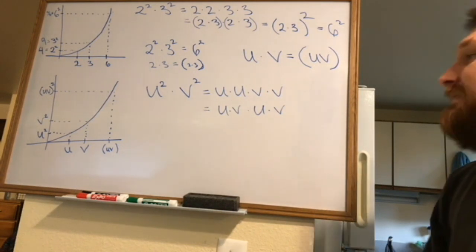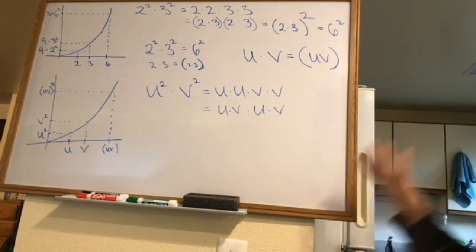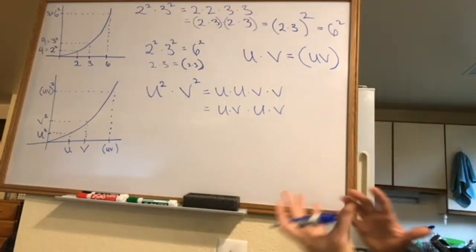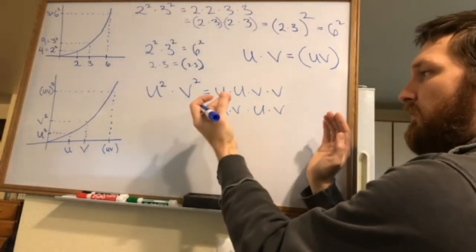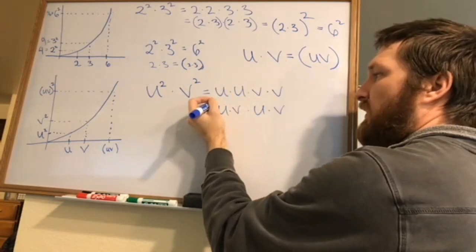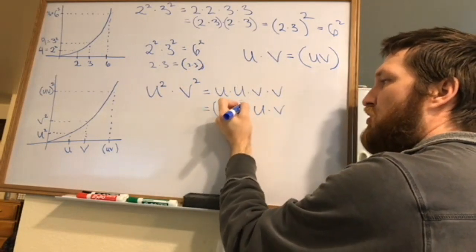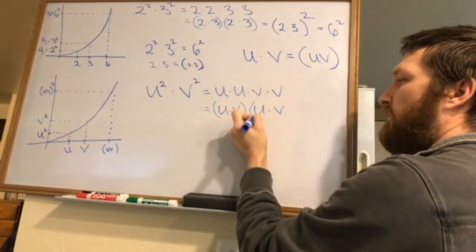Yeah, I believe it. Okay, that sounds good. And since we could do multiplication in any order, it's also associative. Like we could do this first. That's the same thing as U times V times U times V.